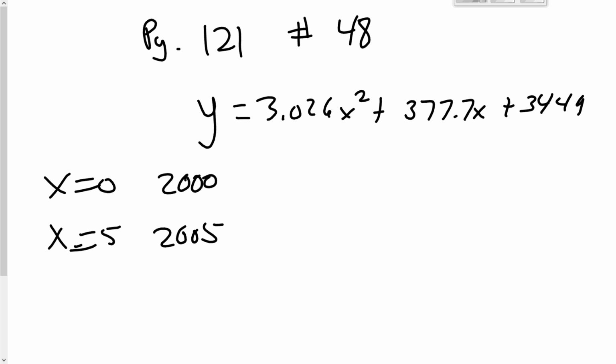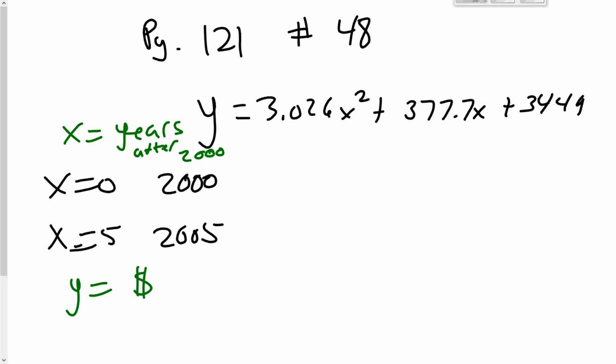X represents the years after 2000, and y represents the cost, the average cost of tuition and fees, so the money. They give us the money, 7,605. So we plug in our y, and we're solving for years, our x.